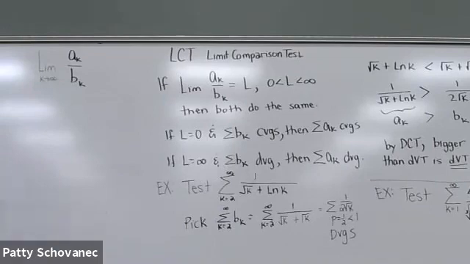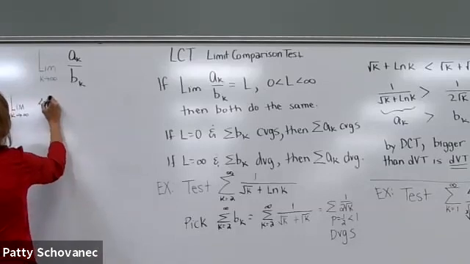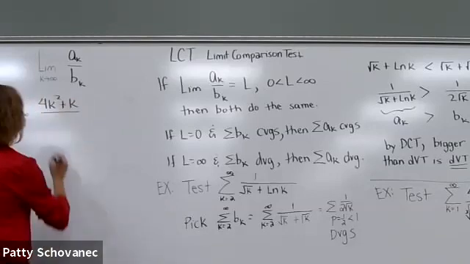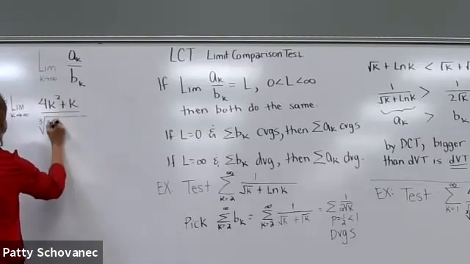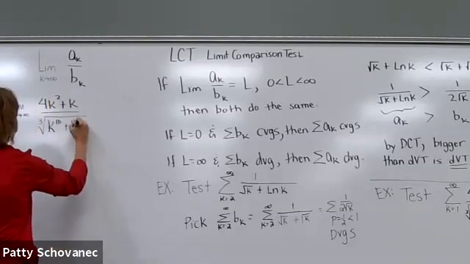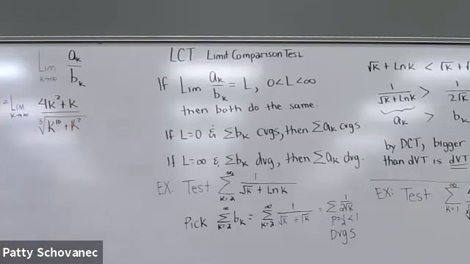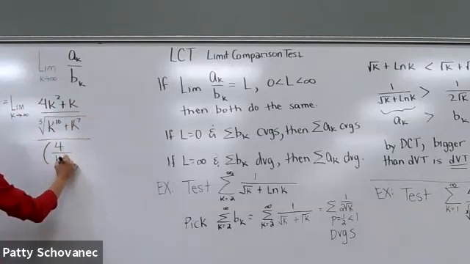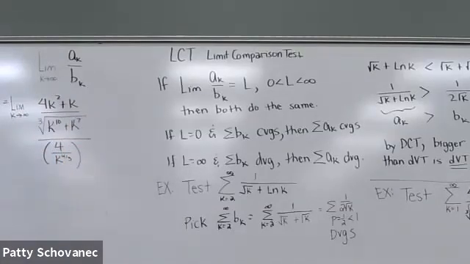So my aks are 4k squared plus k divided by the cube root of k to the 10th plus k to the 7th. I'm dividing that by 4 over k to the 4/3.